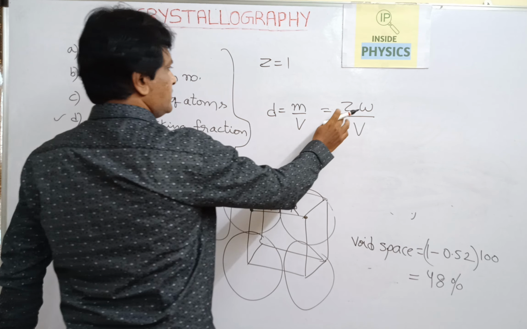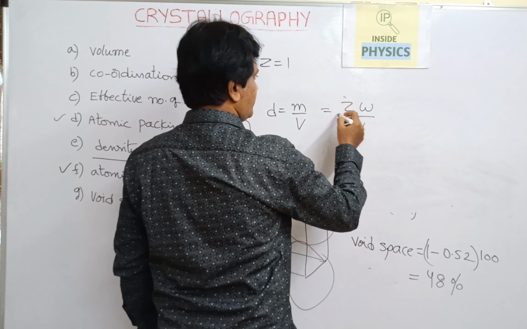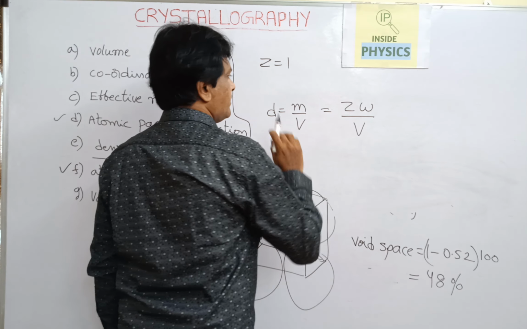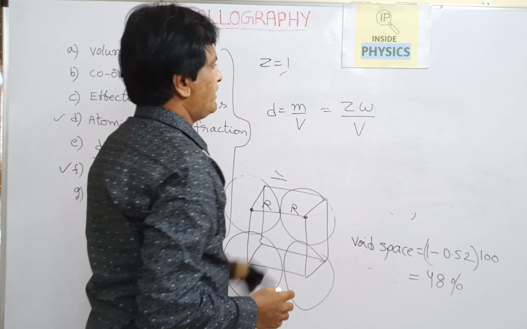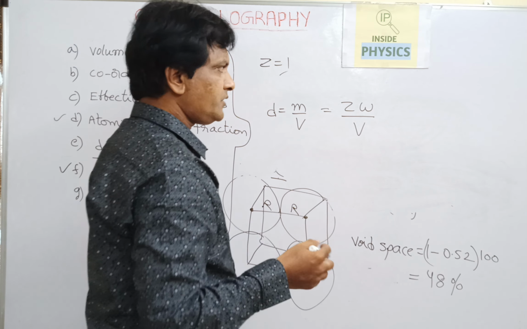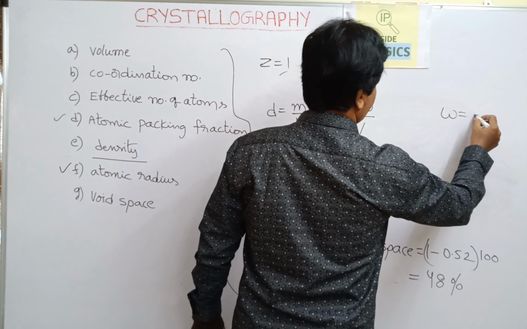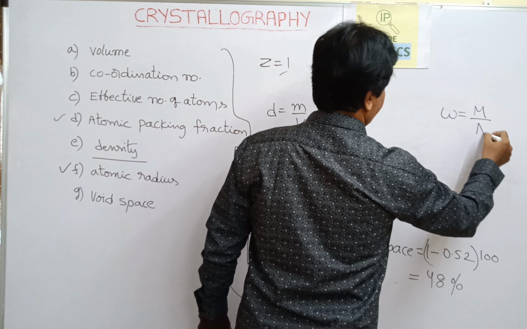Z is the effective number of atoms per unit cell, that is equal to 1, and W is the mass of each atom. That means we can write W is equal to M by Na.